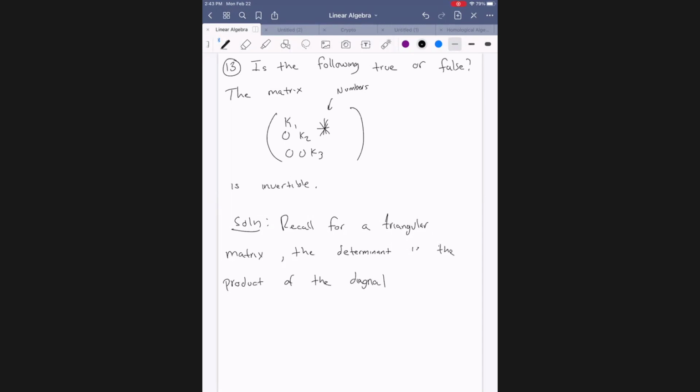So let's say this is A. The determinant of A is just going to equal K1, K2, K3. Okay, so now you know this. Is this true? It goes back to what you said.